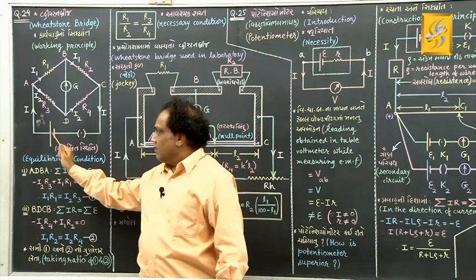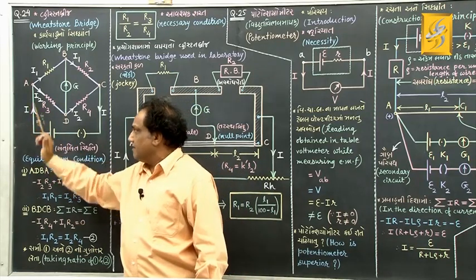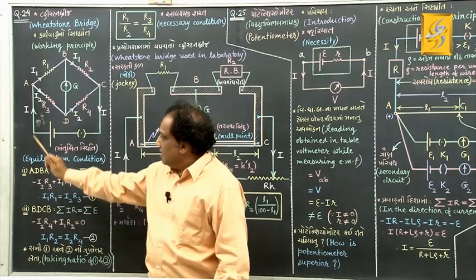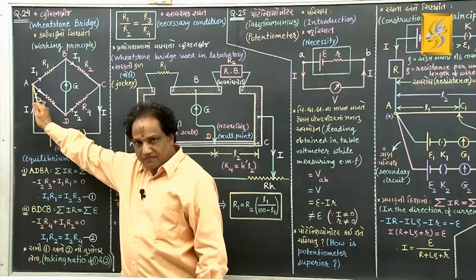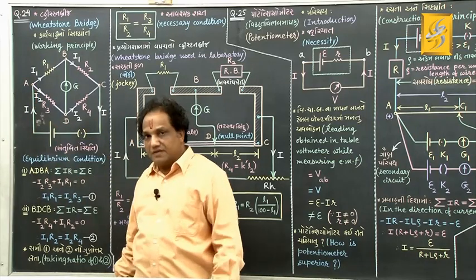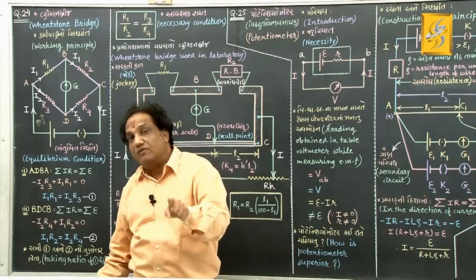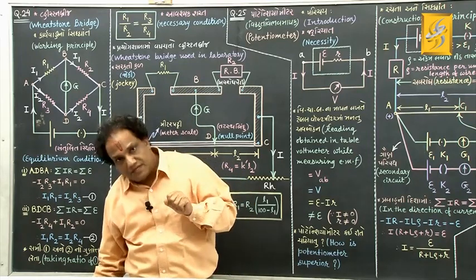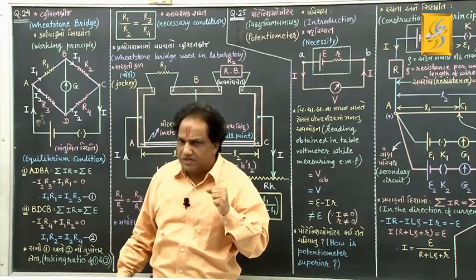Total current starting from the positive terminal of the battery is, suppose, capital I. That current will come up to this junction, and further it will be divided into as many parts as the number of branches. If there are two branches ahead, then it will be divided into two parts.